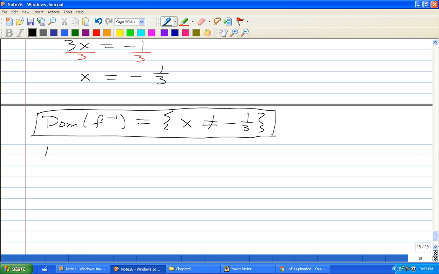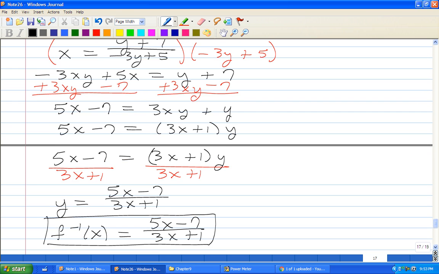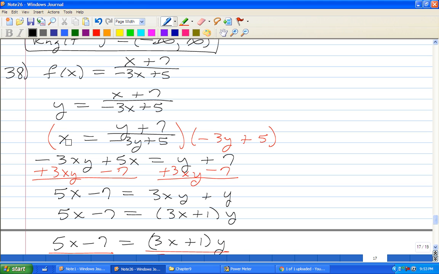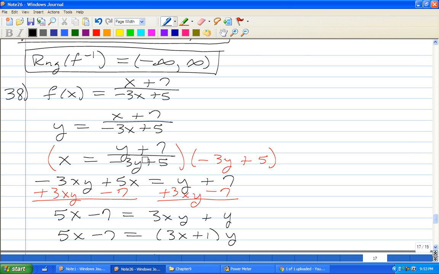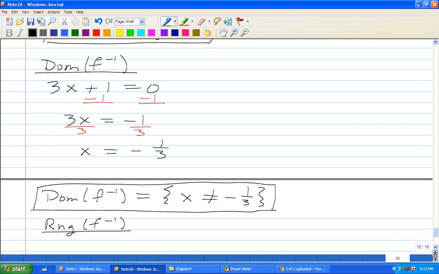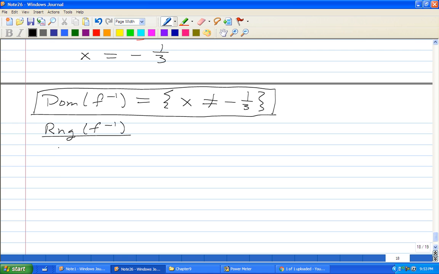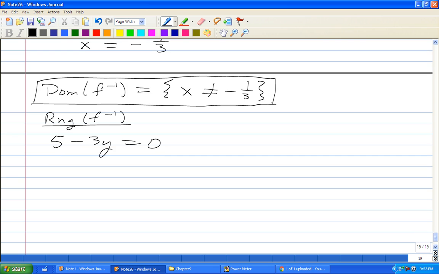Let's try to find the range of the inverse function. To find the range of the inverse function, let's find the domain of the original function. To find the domain, I'll just set the denominator to 0. Set 5 minus 3y equal to 0 and solve for y.